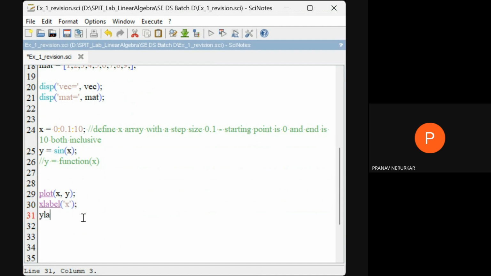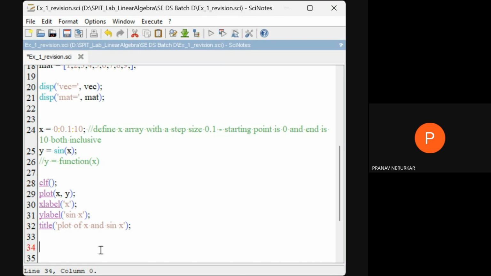There is ylabel and title, which is plot of x and sin x. If you want to clear the canvas, you can type clf in Scilab.